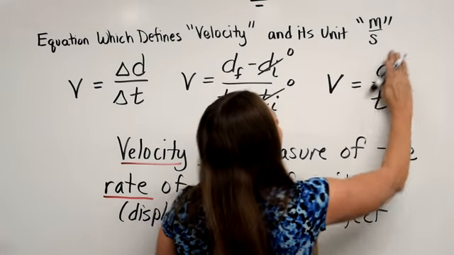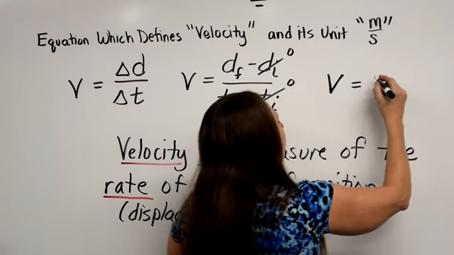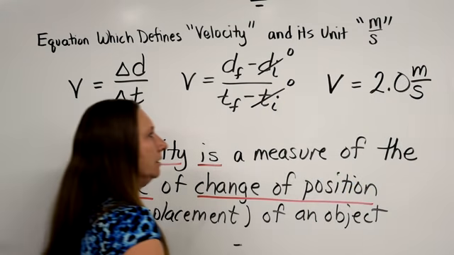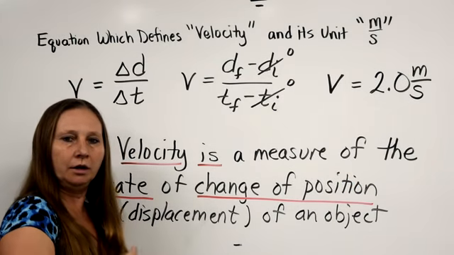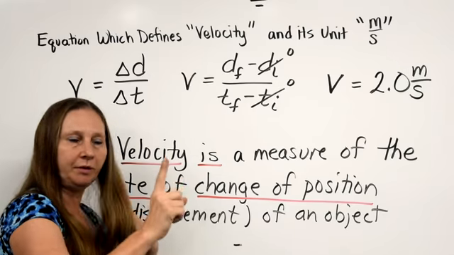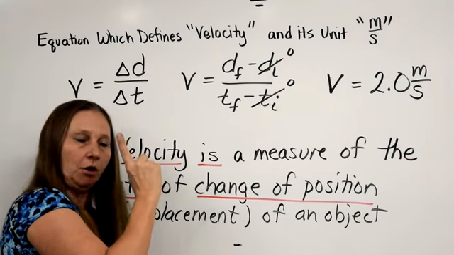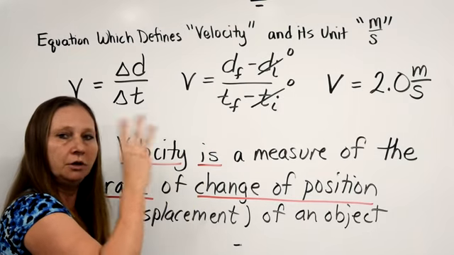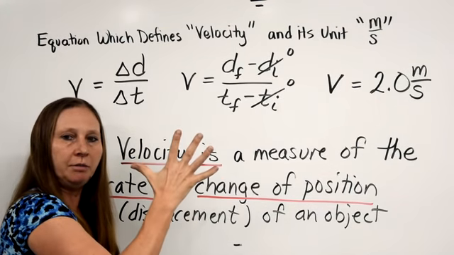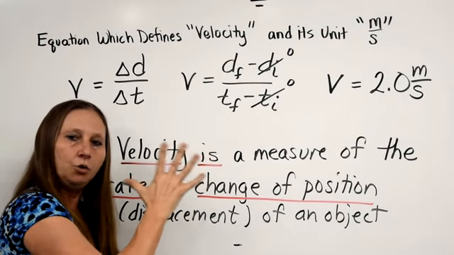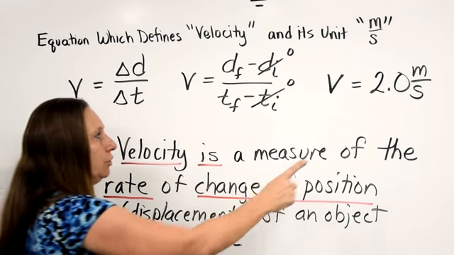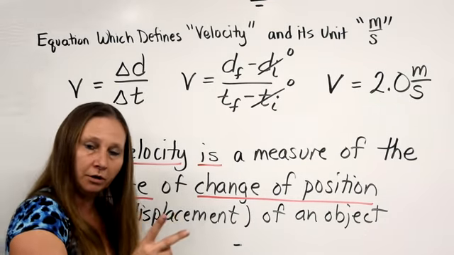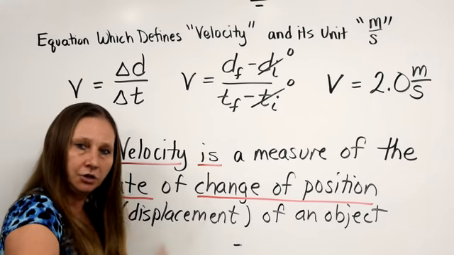If your velocity is 2 meters every second, then I'll count the seconds with my finger: you're going from 0 to 2 meters, to 4 meters, to 6 meters, to 8 meters, to 10 meters. In 5 seconds, you would go 10 meters. You're changing your position from 0 by 2 meters every second.